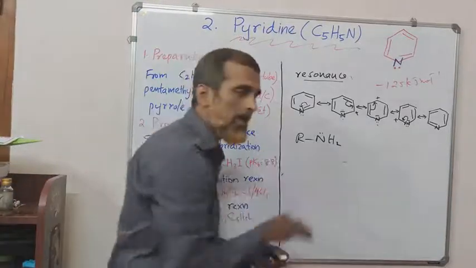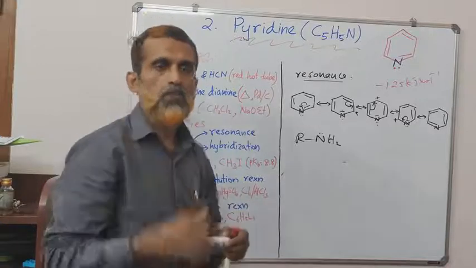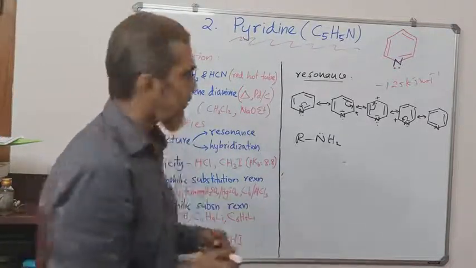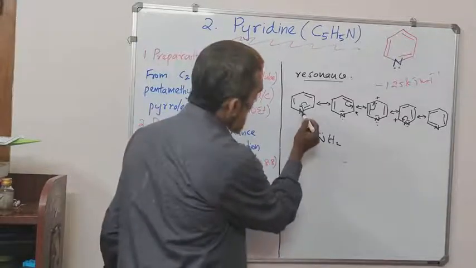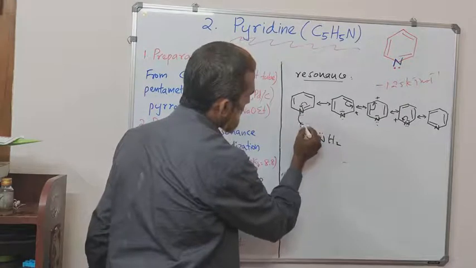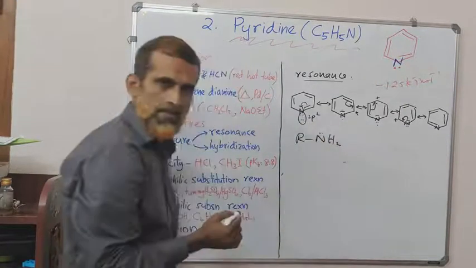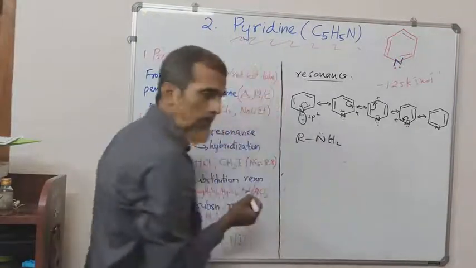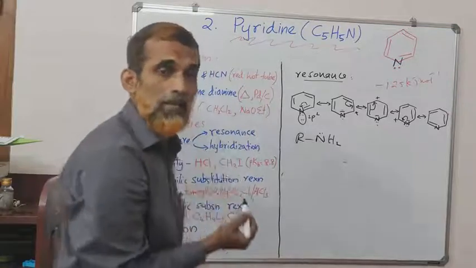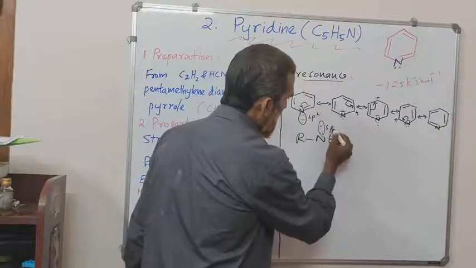This can be explained on the basis of the nature of hybrid orbital which carries the lone pair. I told you that this lone pair on pyridine is present in what? In sp2 hybrid orbital. Whereas in aliphatic amine, this nitrogen is in sp3 hybridization, so the lone pair is in sp3 orbital.